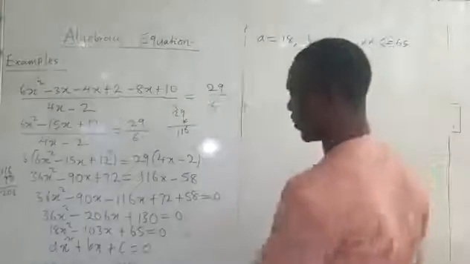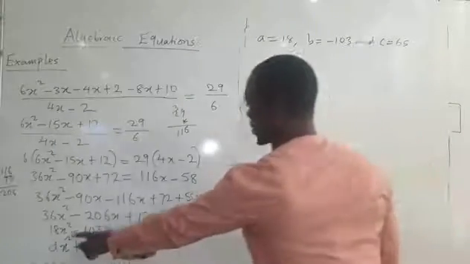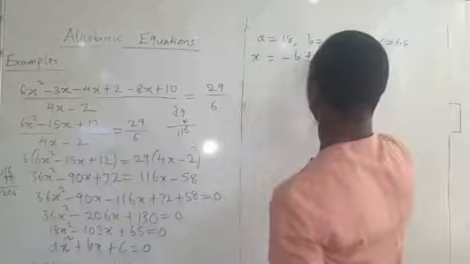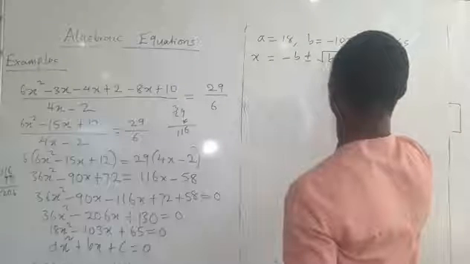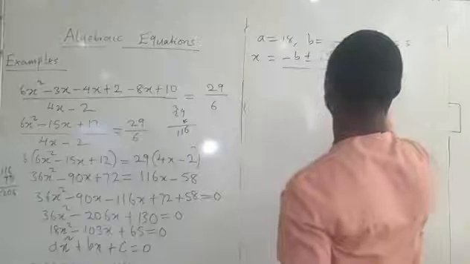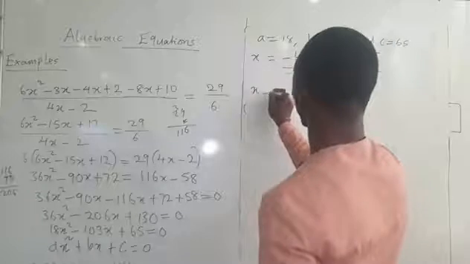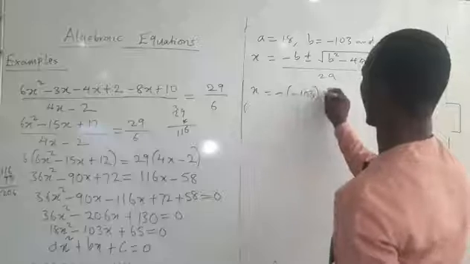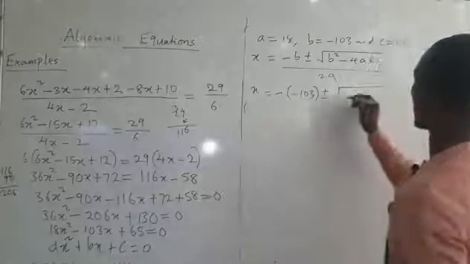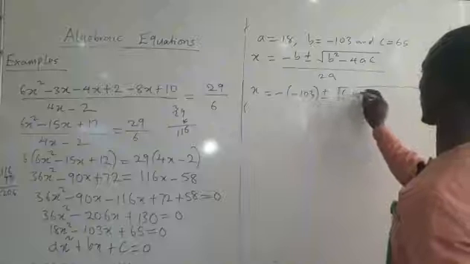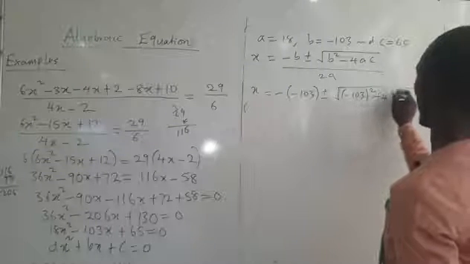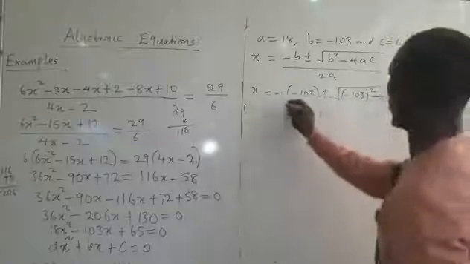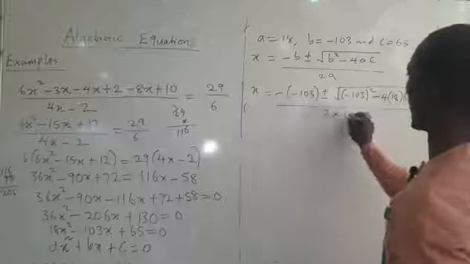The variable is x, so x equals minus b plus or minus square root of b squared minus 4ac all over 2a. So we have x equals minus b, that is minus minus 103, plus or minus square root of minus 103 squared, then minus 4 times 18 times 65, all over 2 multiplied by 18.